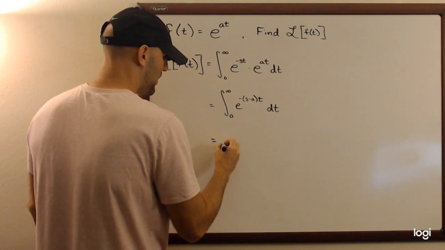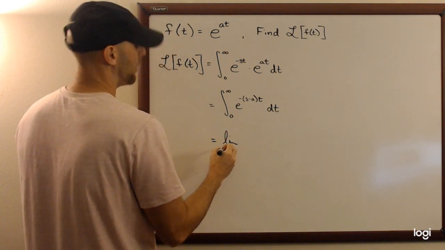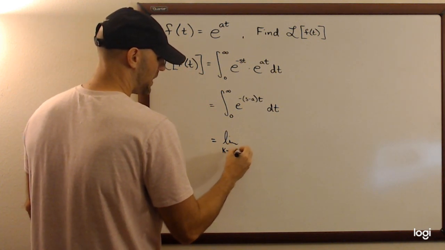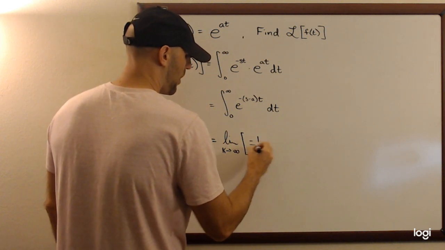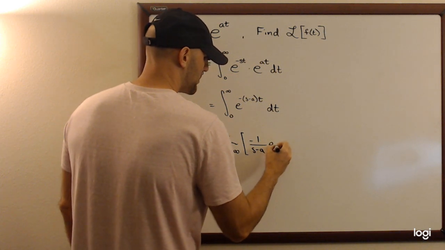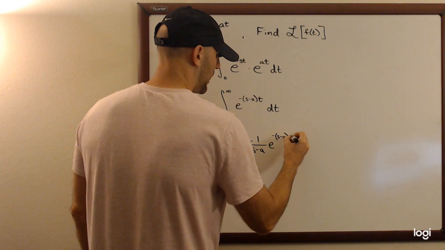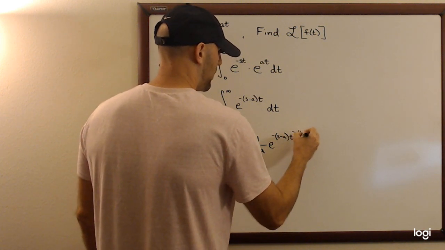Okay? So this is just the limit as, what do I want to use? Let's use k, as k approaches infinity of negative 1 over s minus a times e to the negative s minus a times t, evaluated from 0 to k.